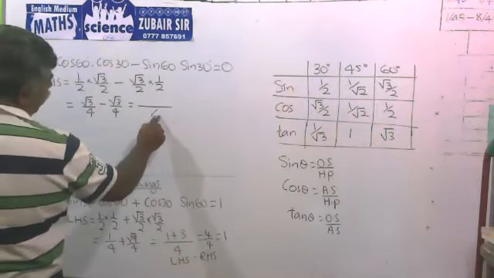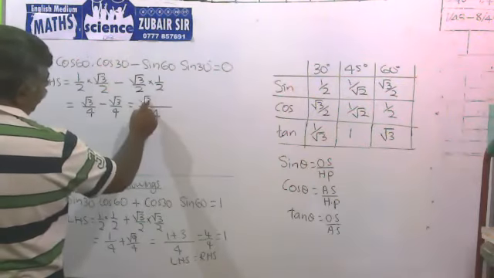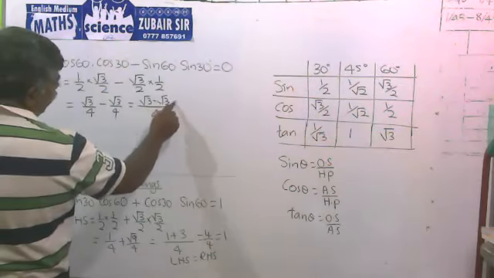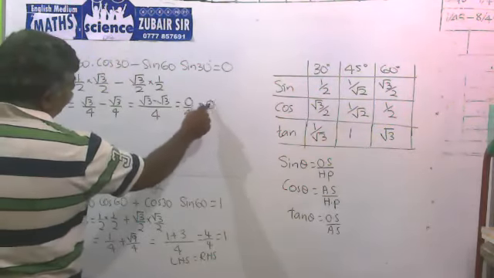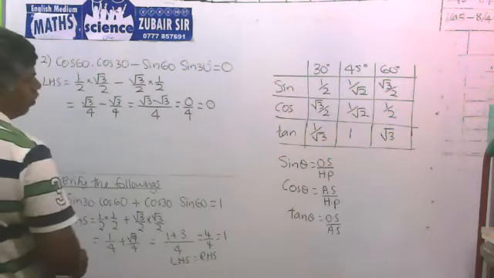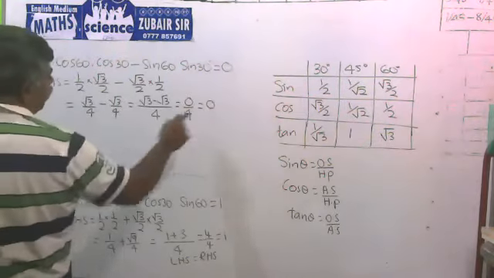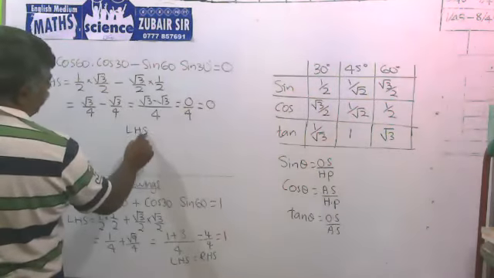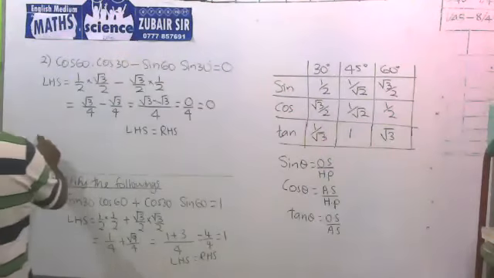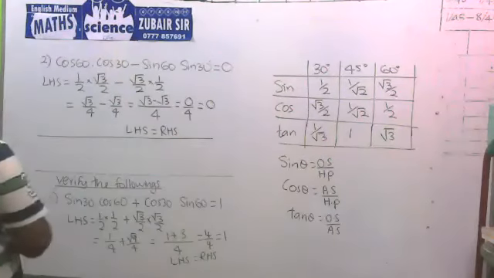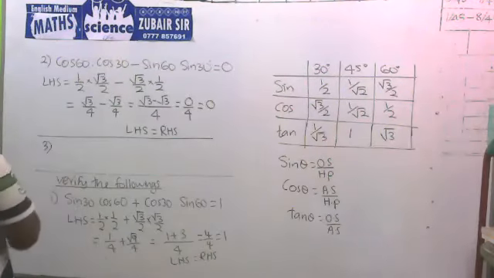So when you take the LCM as 4, root 3 minus root 3. So root 3 minus root 3 is 0. 0 over 4, 0 over anything is 0. Then in the right hand side also the same thing. So LHS equals RHS.